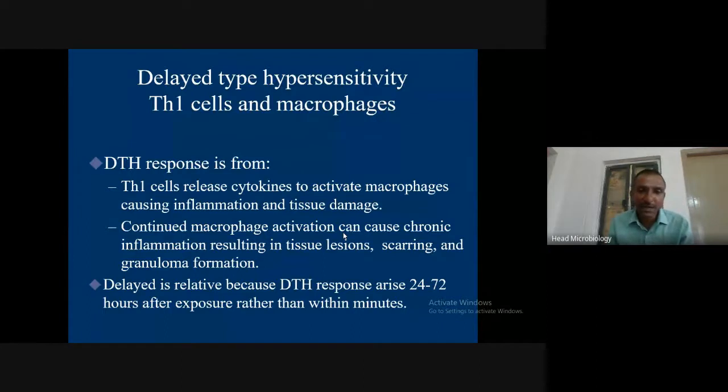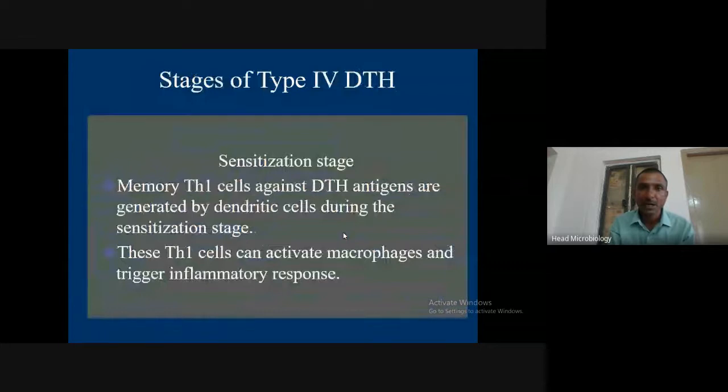It is called delayed because the response arises 24 to 72 hours after exposure rather than within minutes. Type 4 hypersensitivity is also delayed-type hypersensitivity.